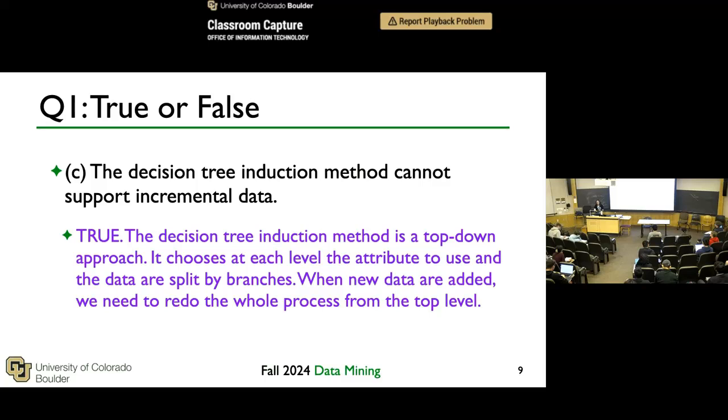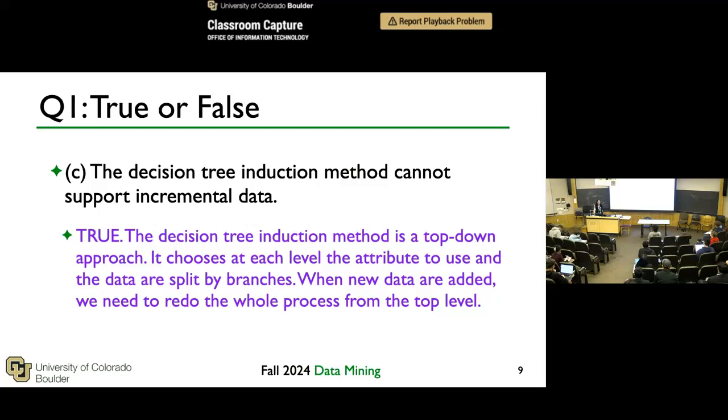Related to that, there's another method we'll talk about that actually supports incremental data. Another classification method? Which one? Bayes. Bayesian classification, because it's about probability.